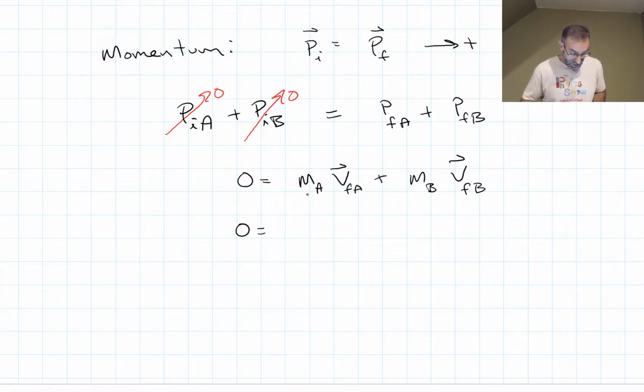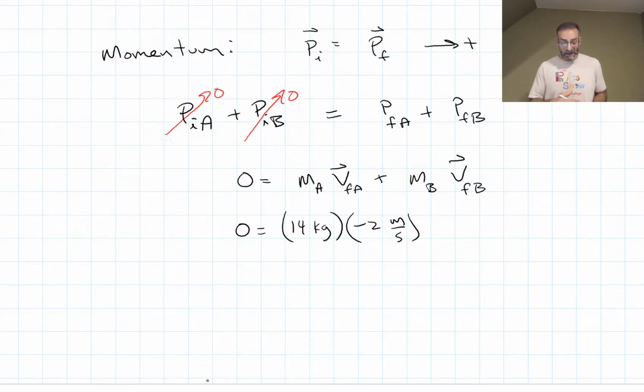So I know that my mass of cart A is 14 kilograms. The velocity is negative 2 meters per second because it's 2 meters per second to the left. The mass of B is 70 kilograms. And its velocity, well, we are solving for that, aren't we?